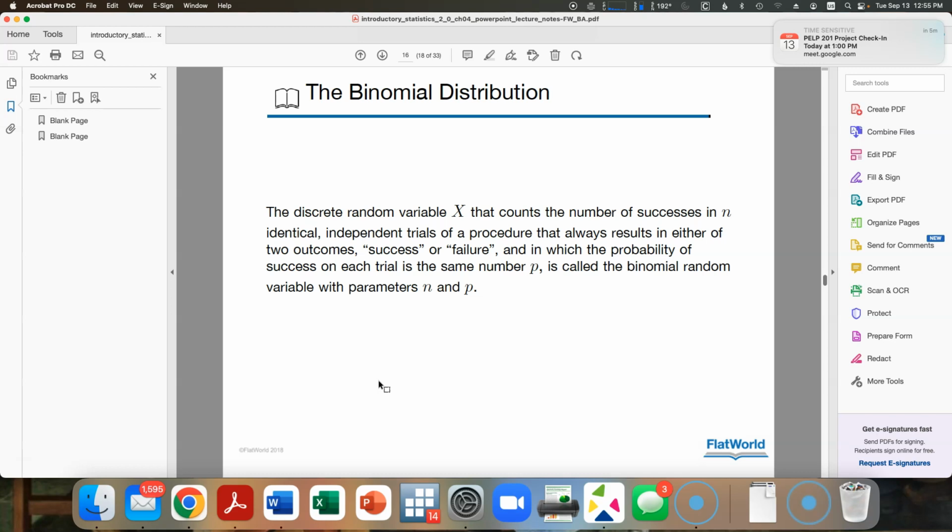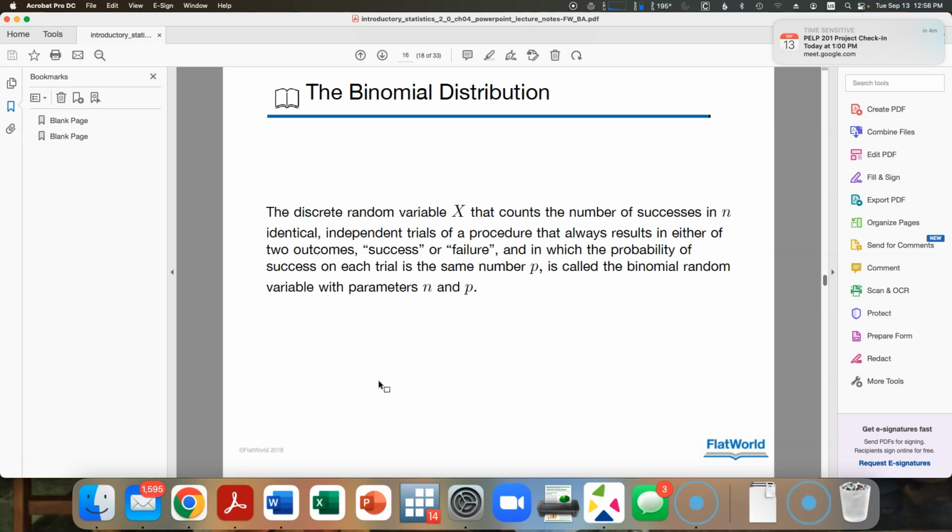So if we look at this distribution from a binomial perspective, then what we're seeing is we could construct this in a way where a binomial distribution would occur if there are two outcomes.